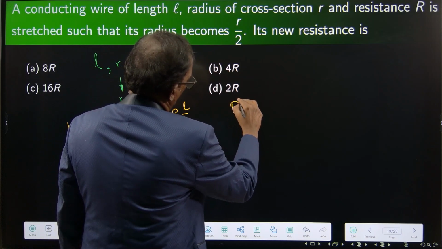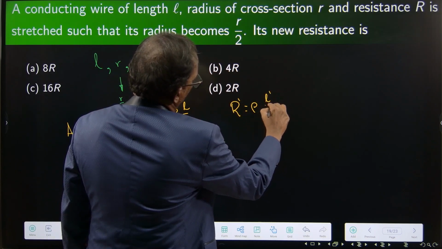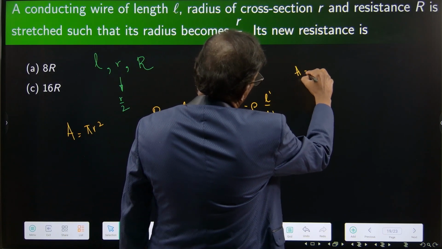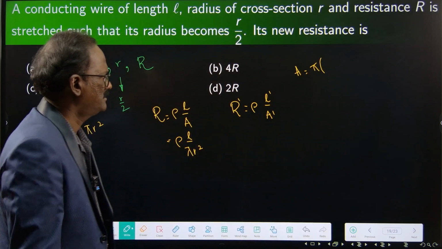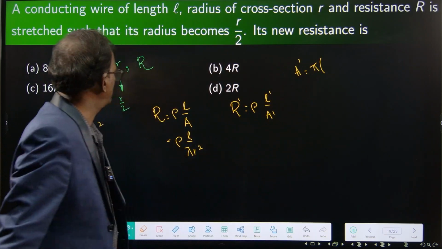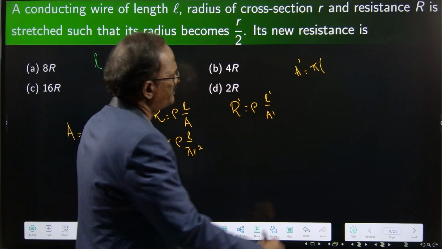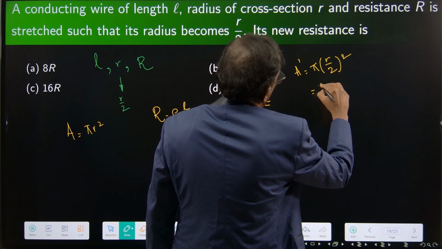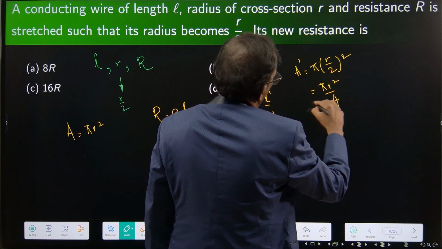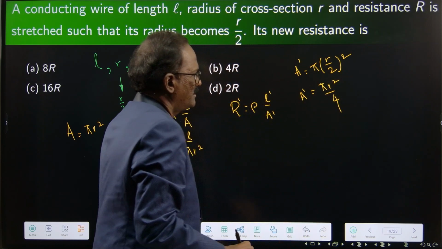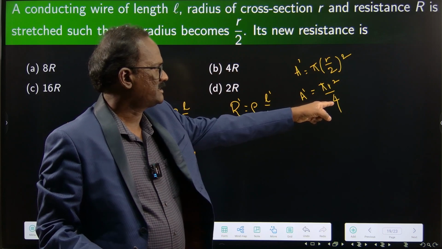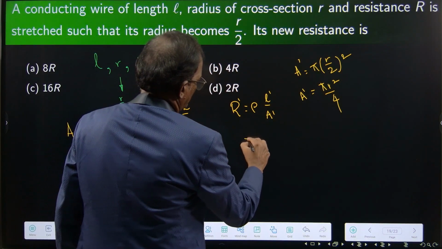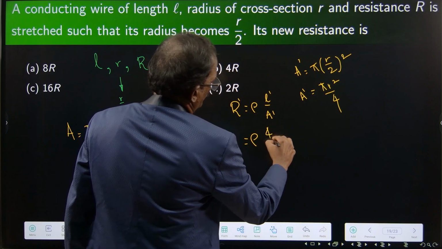In this case, R dash is equal to rho L dash by A dash. Area A dash is pi into r by 2 square. So this is pi r square by 4. If area is decreased by a factor of 4, the length has to increase to 4L.